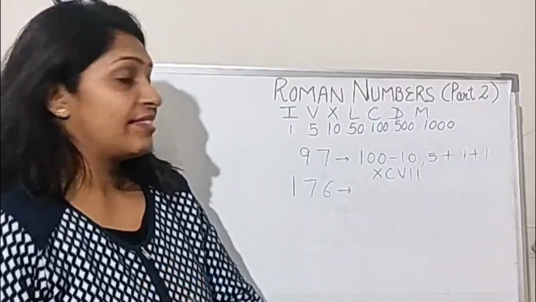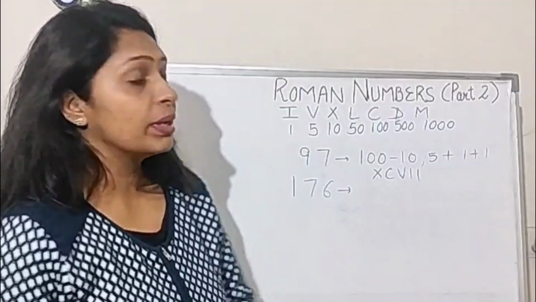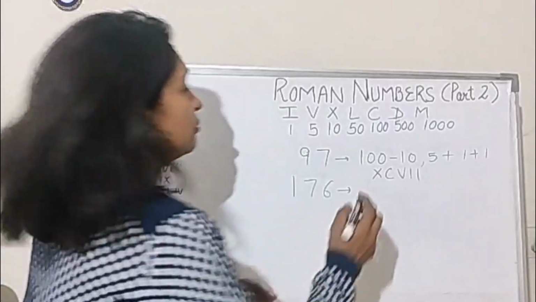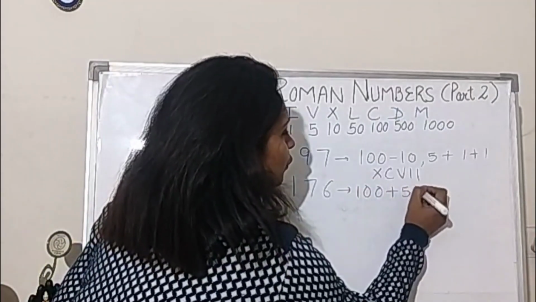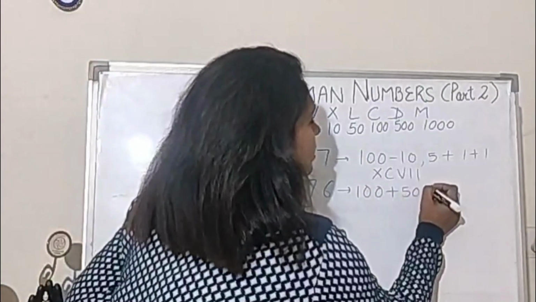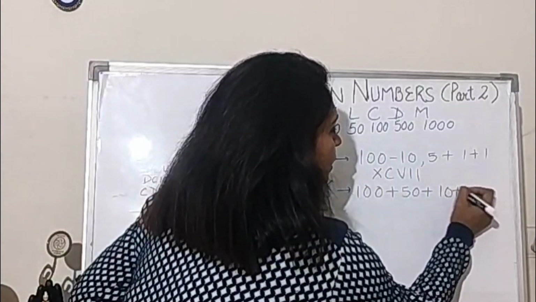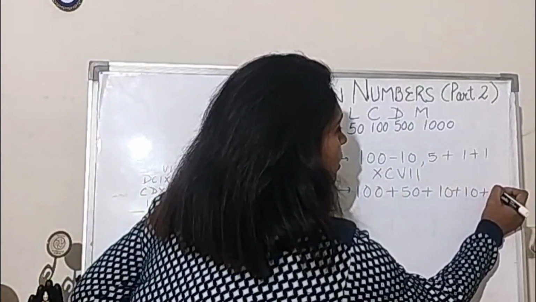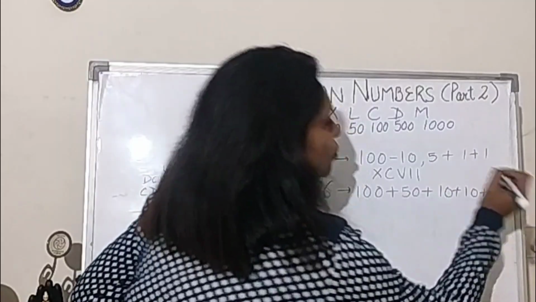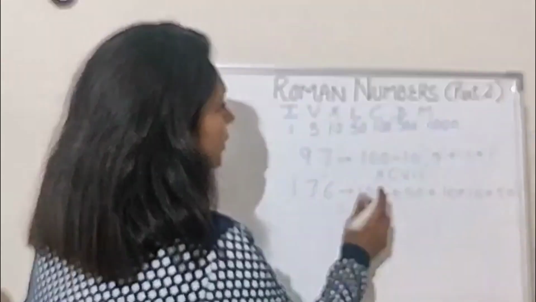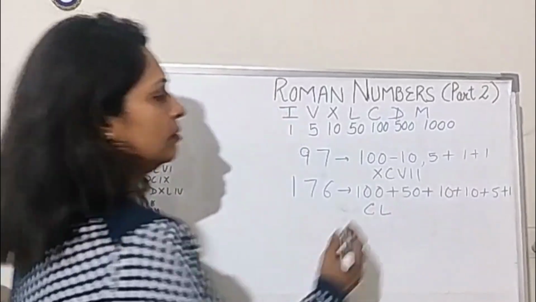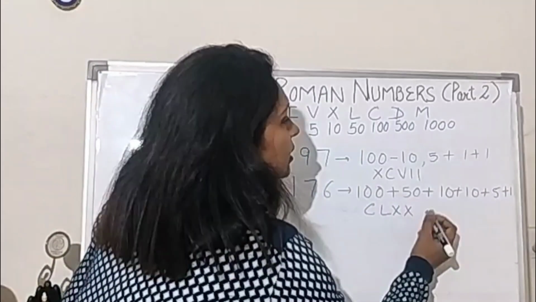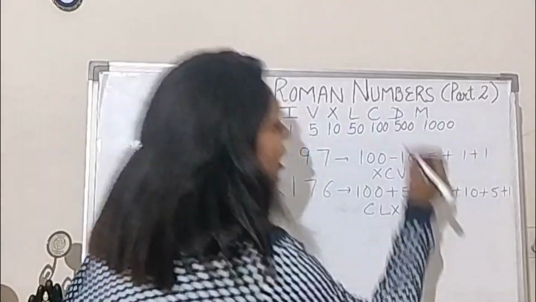Okay. 176. So how we will write 176? That will be written as 100 plus 50 plus 10 plus 10 plus 5 plus 1. So 100 is C, 50 is L, X, X, V, I.